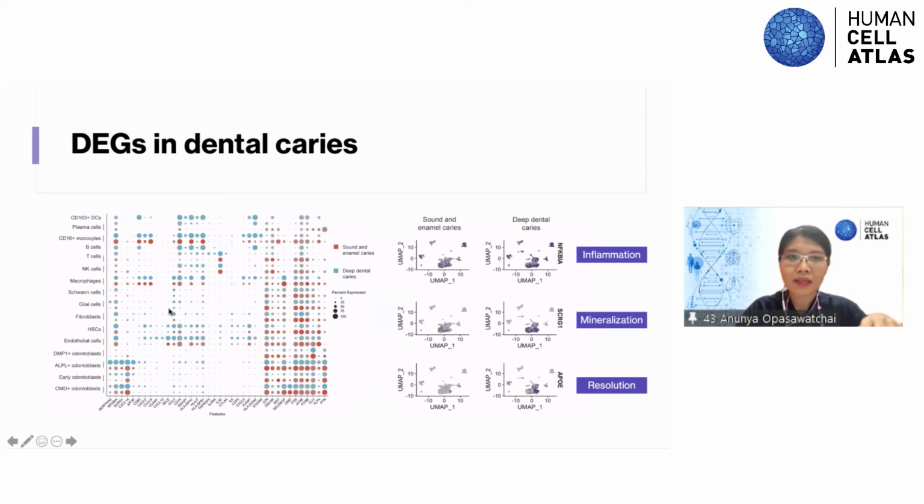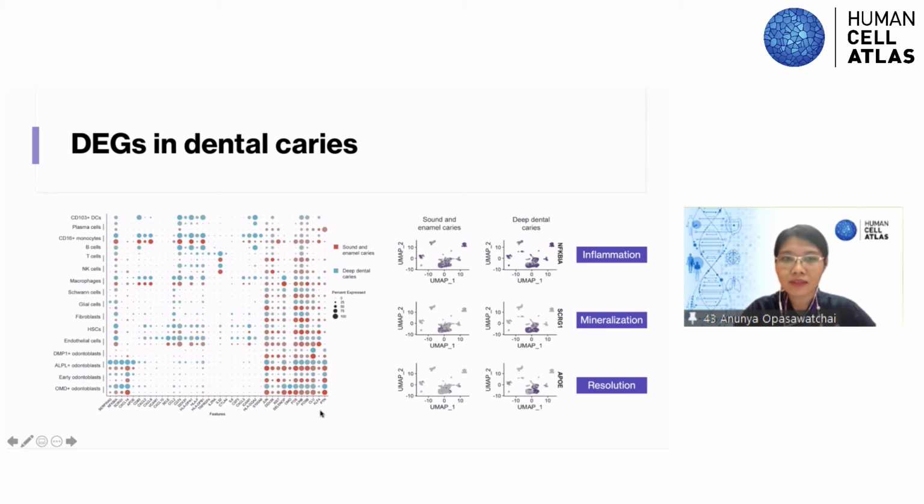As you can see here, the blue circles represent the average expressions of the genes in deep dental caries, and the red circles are from sound tooth and enamel caries. These are the names of the genes that are differentially expressed between both of the conditions, and we can largely categorize them into 3 modules of genes.